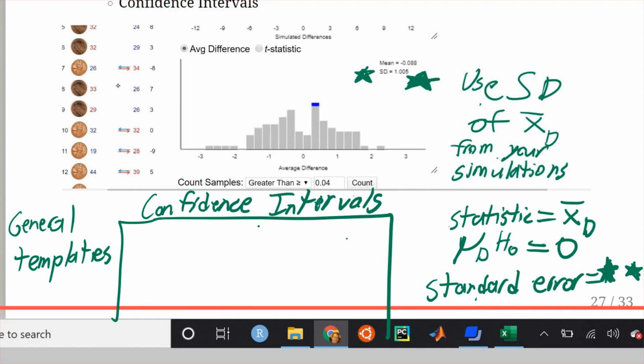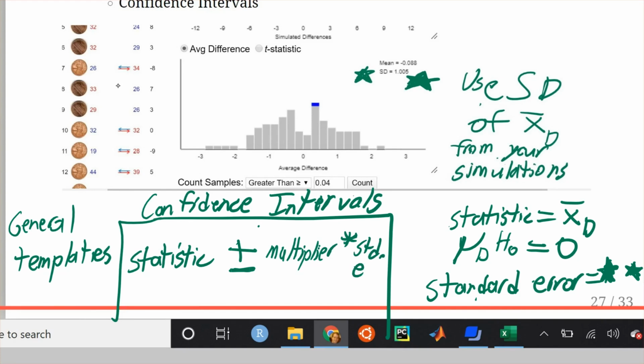You take your sample statistic. That's the center of your confidence interval. And then you go in the positive direction and in the negative direction, plus or minus, multiplier times standard error.